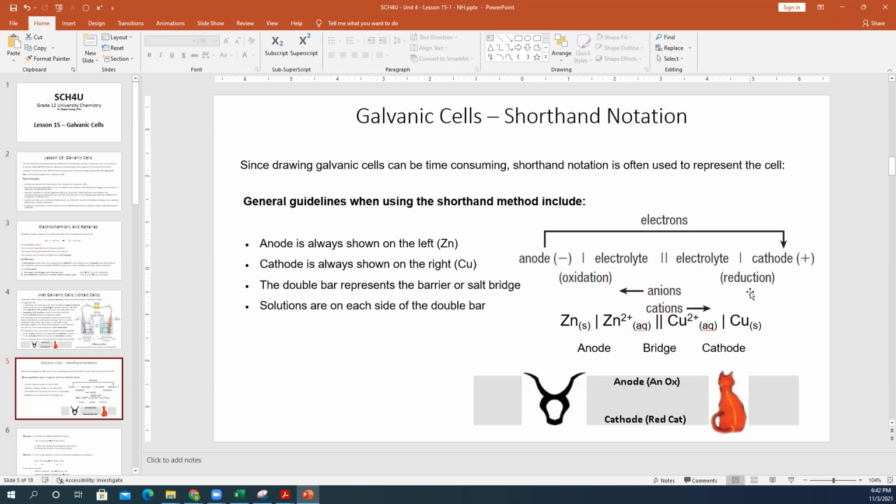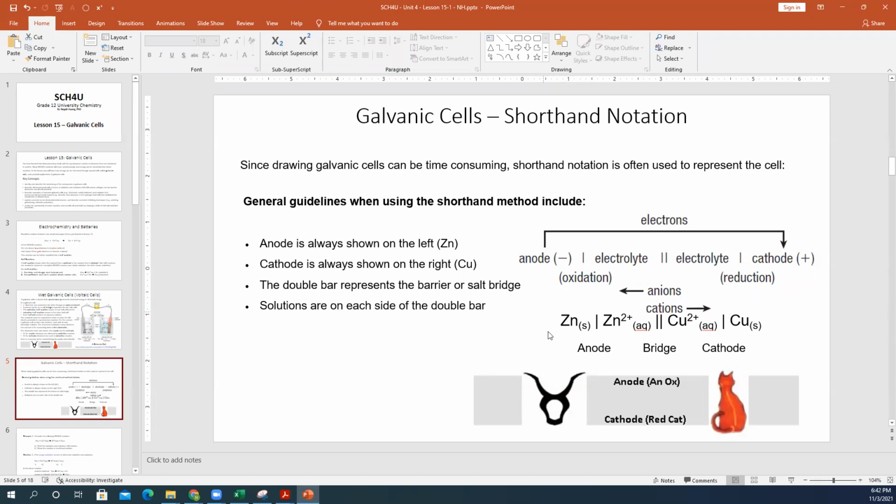And we always start with the anode on the left side. And remember, anode and ox. The anode is where the oxidation reaction is happening. And the cathode is always shown on the right side. And cathode, if you remember red cat, that's where the reduction is happening. And so you begin by writing the half reaction, the oxidation reaction that's happening at the anode, exactly as it is.